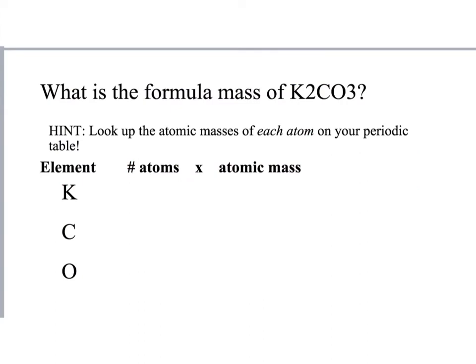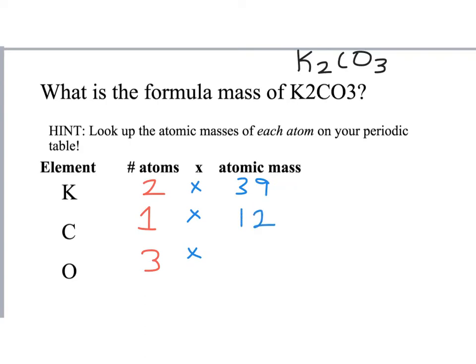So now that we have those values, what we can go back and do is we can do the same thing that we just did, where we identify how much of everything there is. 2 atoms of potassium, 1 atom of carbon, and 3 atoms of oxygen. And we're going to multiply those times the atomic mass of that particular element. So potassium is going to be 39, carbon is going to be 12, and oxygen is going to be 16.